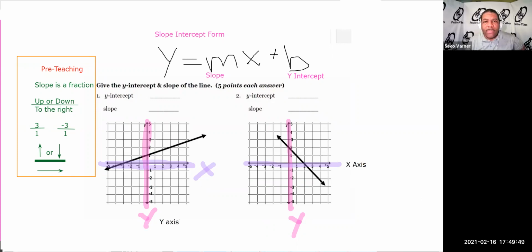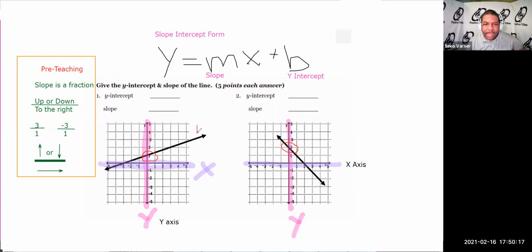So when we're looking for the y-intercept, the y-intercept is always going to be the point where our line crosses the y-axis. And as you can see, that's right here. On this graph, the y-intercept is right here. That's the y-axis, and this line, that's where it crosses.